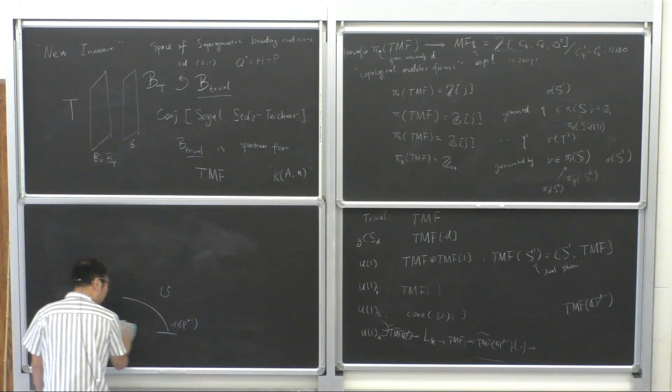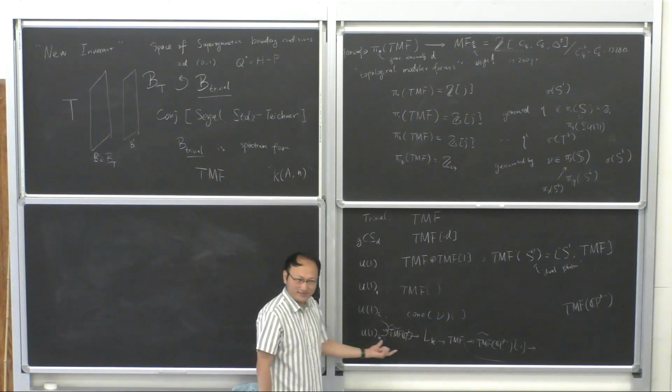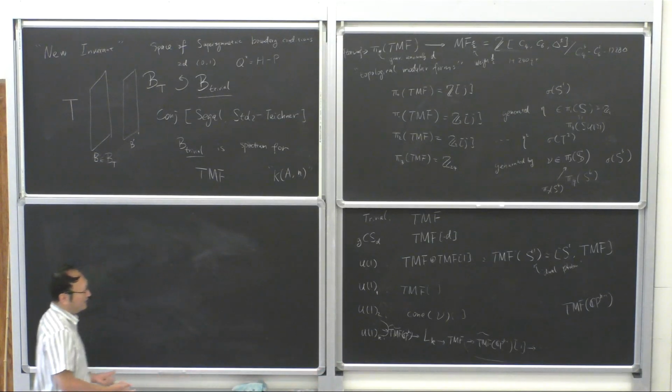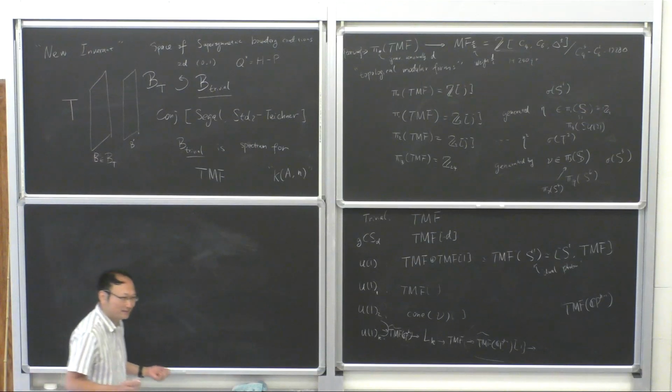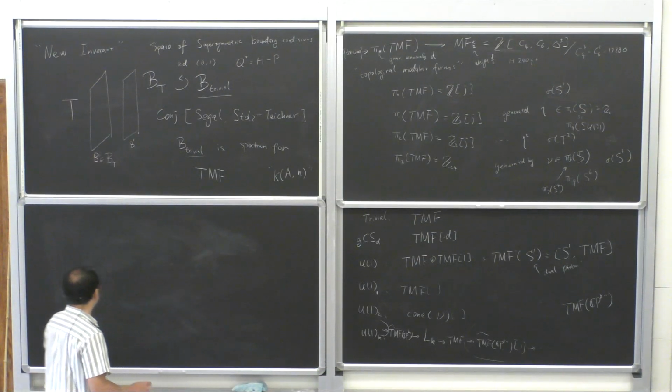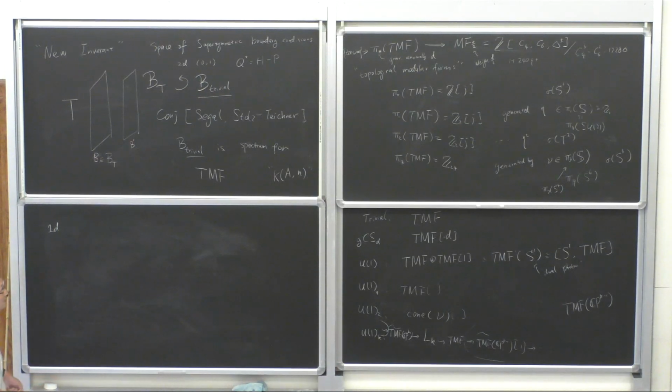I have maybe tried to convince you that this kind of new invariants will be useful in the study of the dynamics and structural phases of 3D theories. So let me mention how to generalize this to other dimensions. So in 1D, we have already encountered the Witten index. And the analog of this is again by looking at boundary conditions.